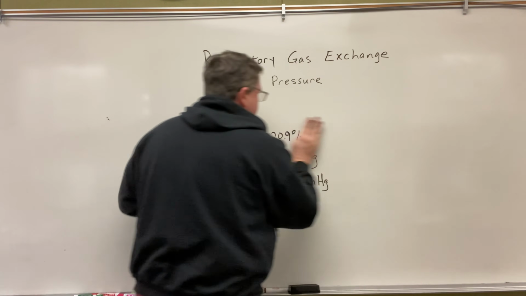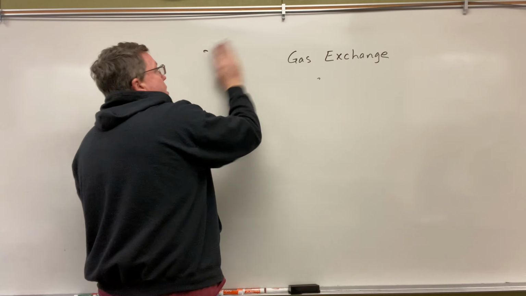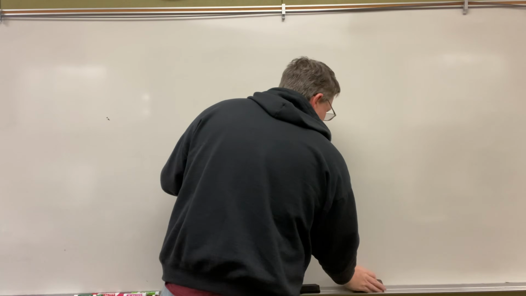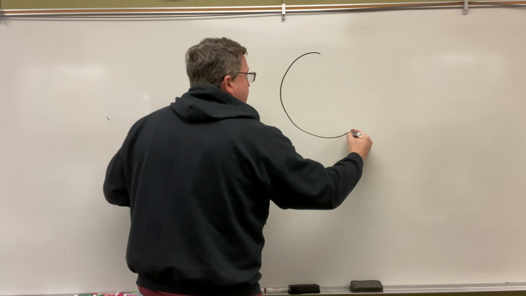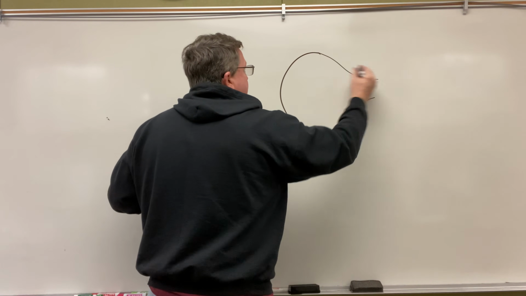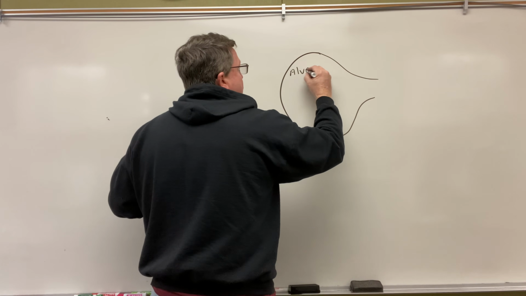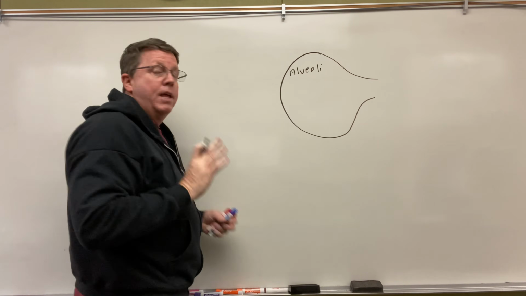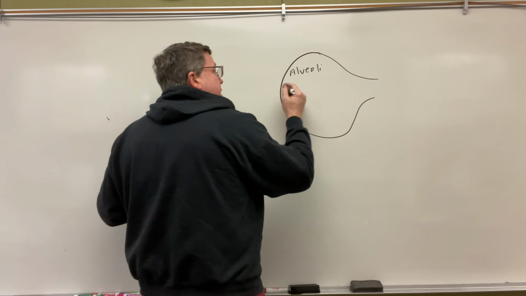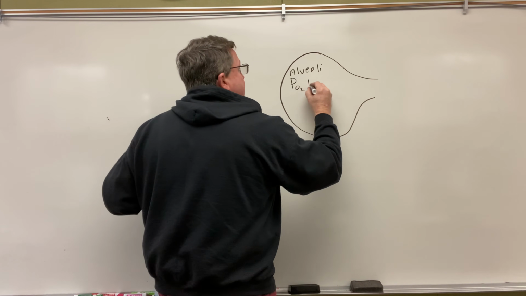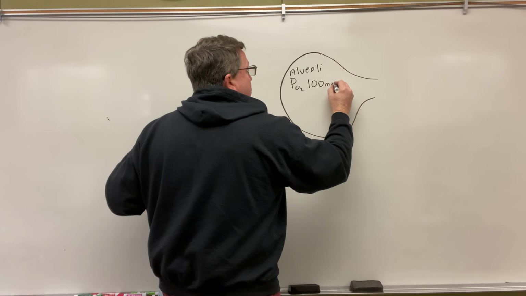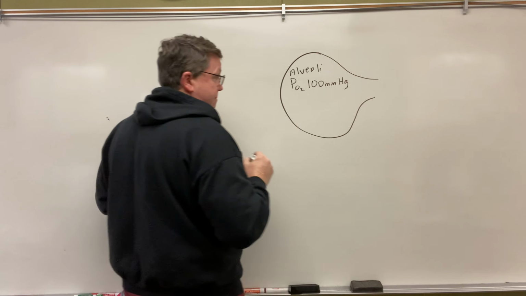The first thing I'm going to do is draw an alveolus. And remember, the alveoli is where gases are exchanged in your body. So here's my alveolus right there. Like we said, there's going to be oxygen in there, and the pressure from oxygen is going to be about 100 millimeters of mercury.